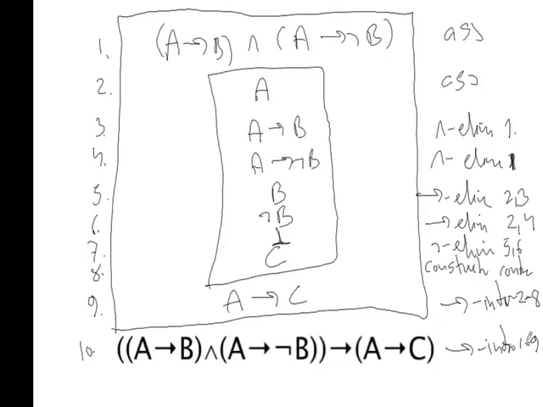Notice I put a little hyphen here. If you're very pedantic, that's because this introduction happens in the box starting at line 1 and finishing in line 9, while, for example, this implication elimination happens in line 2 and line 4. That's why I put a comma here. This is a very minor pedantic point.